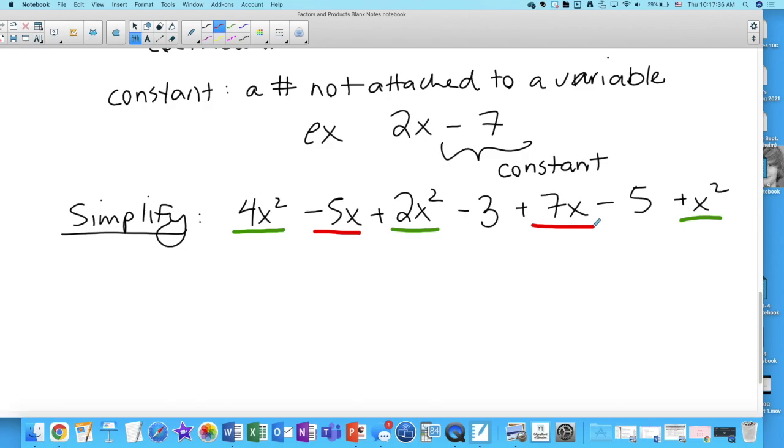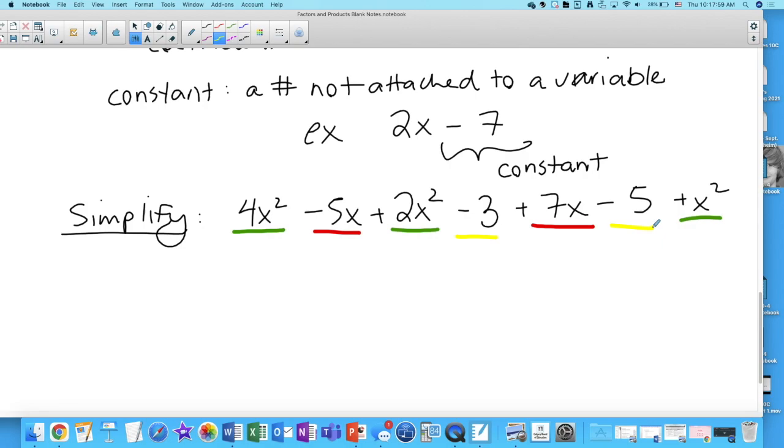Okay, so when you are combining like terms, you want to essentially add or subtract the coefficients, right? So for the x squared term, I've got 4x squared plus 2x squared plus x squared. What's the coefficient of this last one, of the x squared term? Yeah, it's 1, correct, because you could write it as 1x squared. Coefficient is essentially how many of this term do I have?